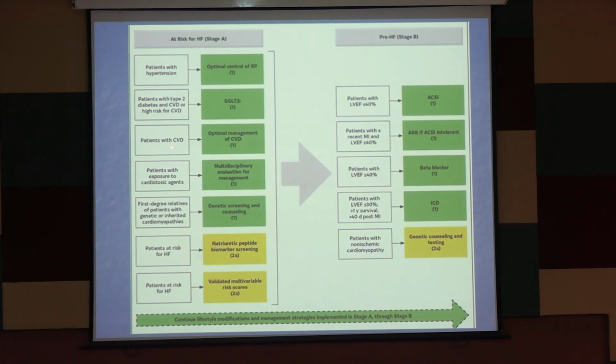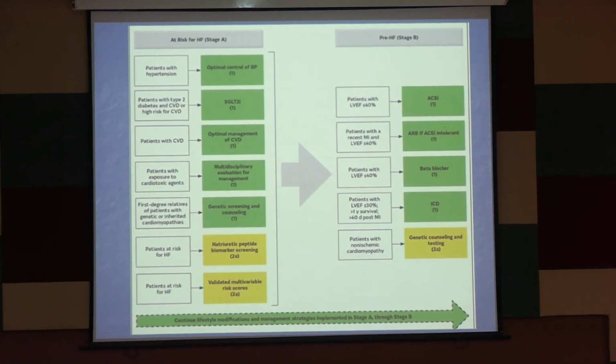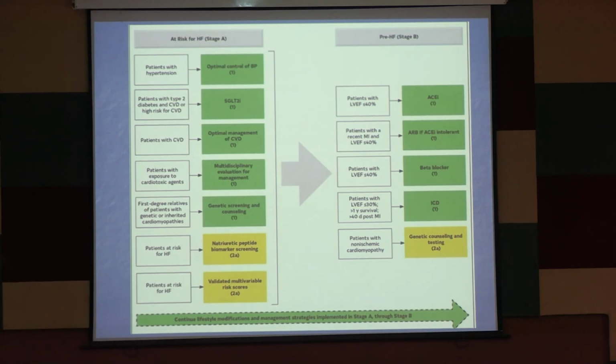Go for optimum management of CVD, that means management of peripheral arterial disease, etc. Patients with exposure to cardiotoxins: management regarding the treatment of the toxic agent responsible. Then first degree relatives of patients with genetic or inherited cardiomyopathy: genetic screening and counseling.